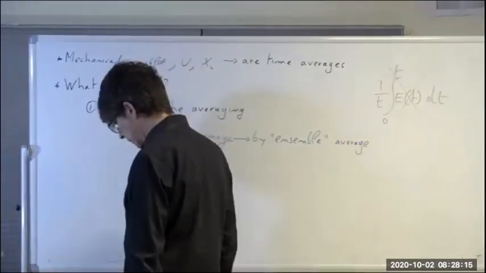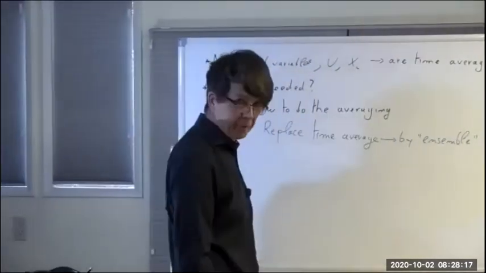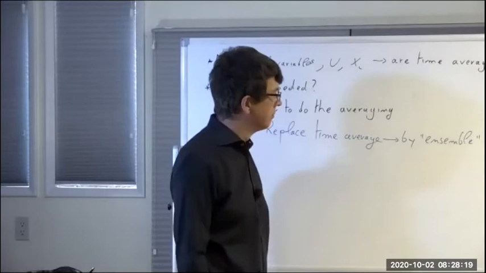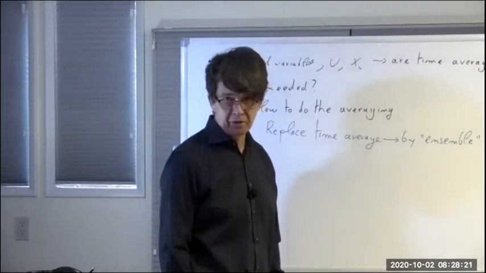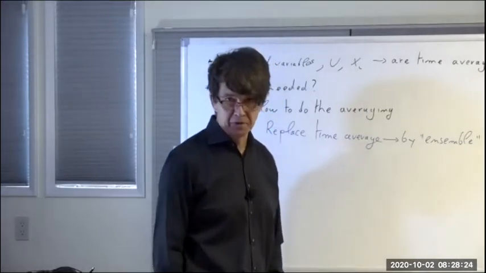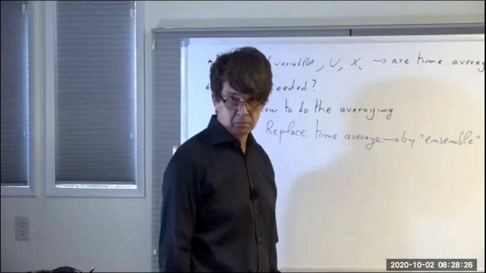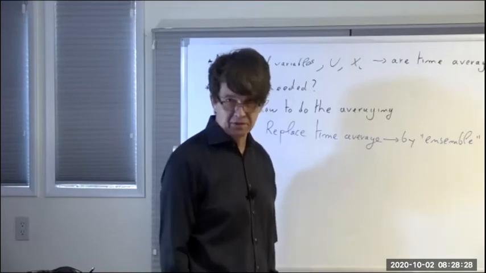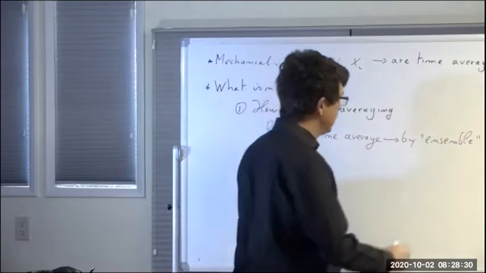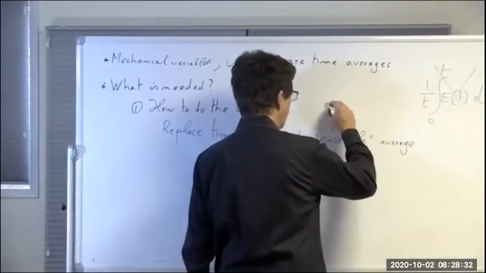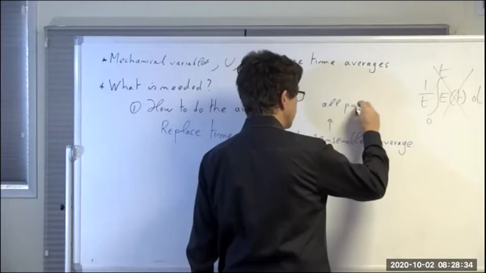We'll have a formal definition of ensemble later, but for now, think of an ensemble as simply all the microscopic states you can be in. You have a system in a box, particles in a box, whatever. This is really all the possible microscopic states.